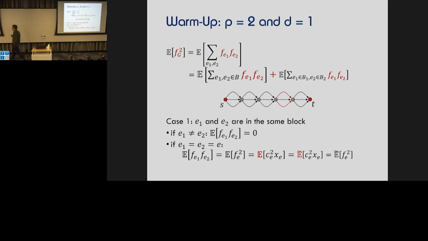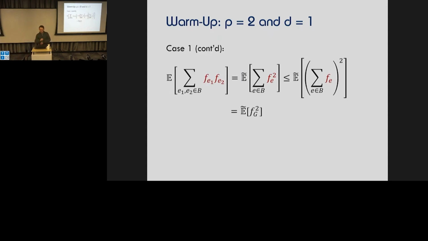And therefore, the expectation of f_e squared is equal to this expectation. Recall that I mentioned that the expectation of x_e is equal to the pseudo expectation of x_e, and therefore here we have that this expectation is equal to this pseudo expectation. And again, this pseudo expectation is equal to the pseudo expectation of f_e. So we are in good shape.